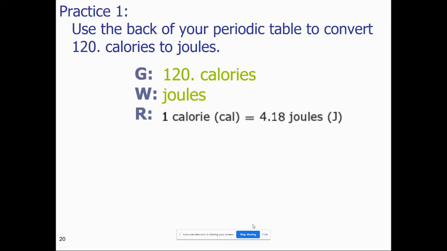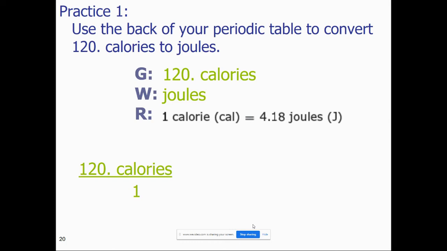Well, we know that 1 calorie, I'm giving you this, you wouldn't have to have this memorized yet, not until we get to the thermodynamics section. 1 calorie is equal to 4.18 joules. We're using the same method to solve every single one of these problems. We're going to write our given, 120 calories over 1.